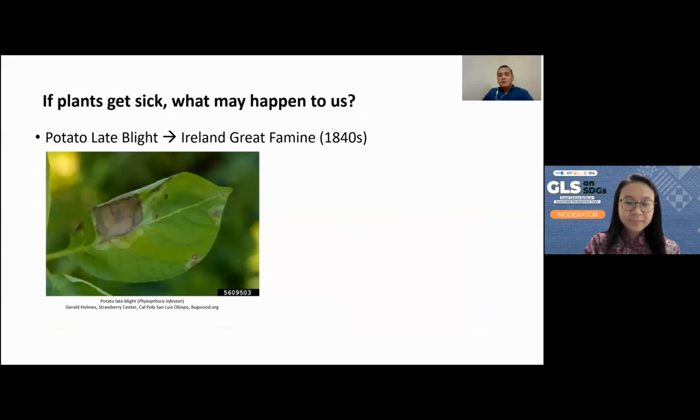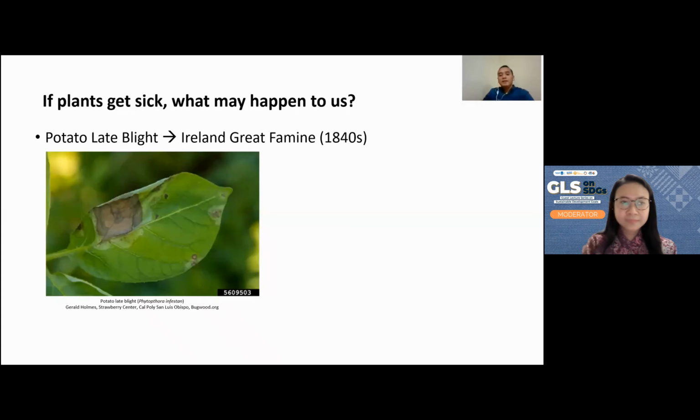For the sake of the general topic of this guest lecture series, which is Zero Hunger, what I'm gonna talk about next is that plant disease epidemics have contributed to several historic famines in the world. One of the most notorious examples is the Irish famine that happened in the 1840s.